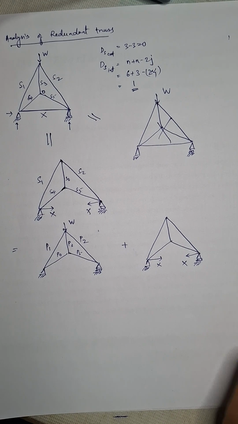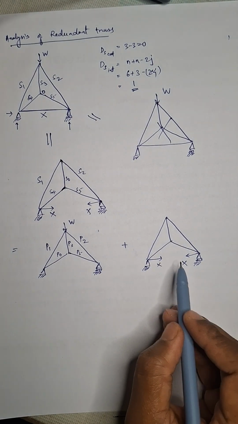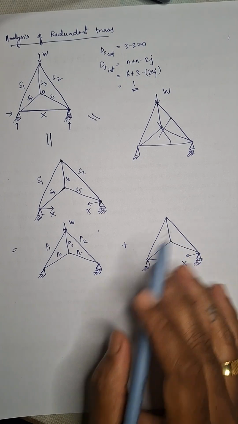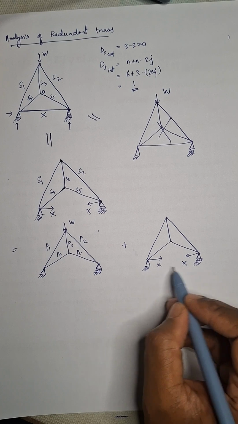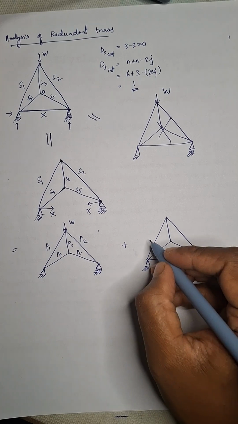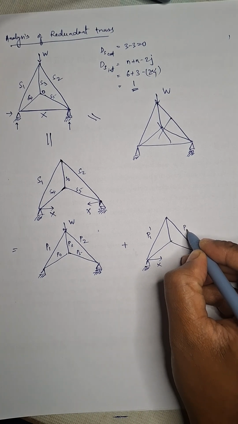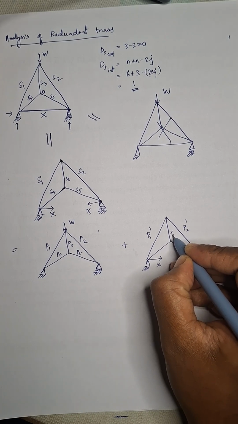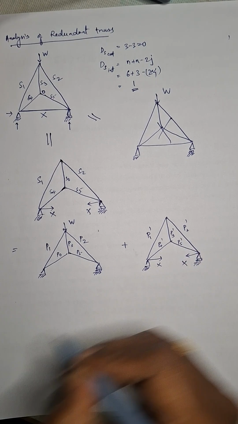Now what I will do, I will only apply the redundant force here and remove the external loading system. Now here due to only this X force, let's consider the member forces are P1 dash, P2 dash, P3 dash, P4 dash and P5 dash.